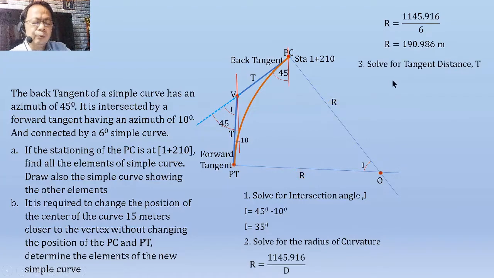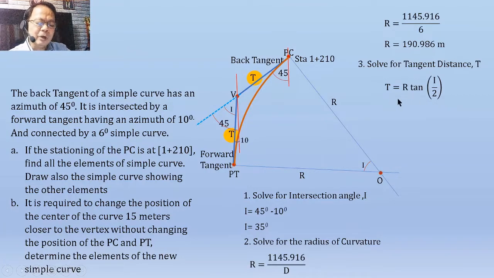Now, we solve for the next element and we consider here our tangent distance. We are locating this, solving for this tangent distance as shown in the figure. And how do we solve for this tangent distance? The tangent distance has the formula equal to the radius multiplied by the tangent of 1/2 of the intersection angle.